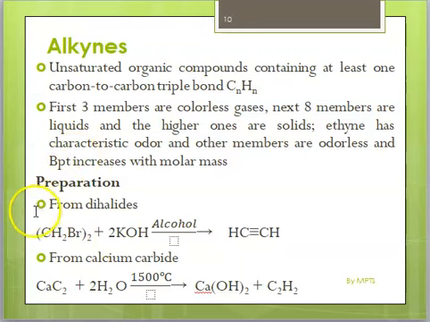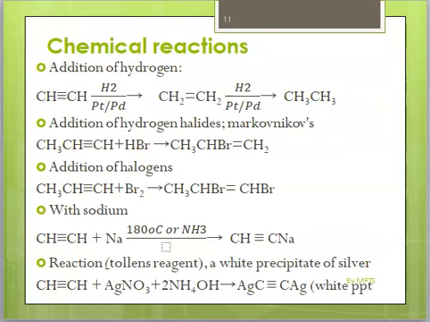This is how we prepare them, from the halides, alcohol at that, or from calcium carbide at higher temperatures. You also get ethyne. The chemical reaction, when we add hydrogen, of course we can move further until you get an alkene.